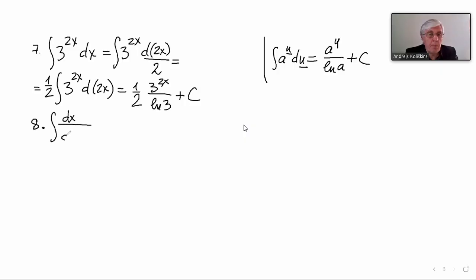In other words, I divided by 3 the argument to make sure that these arguments are the same, but I need to multiply by 3 to make sure that these expressions are equal. And then we integrate. So this is minus 3 times cotangent of x divided by 3 plus c.